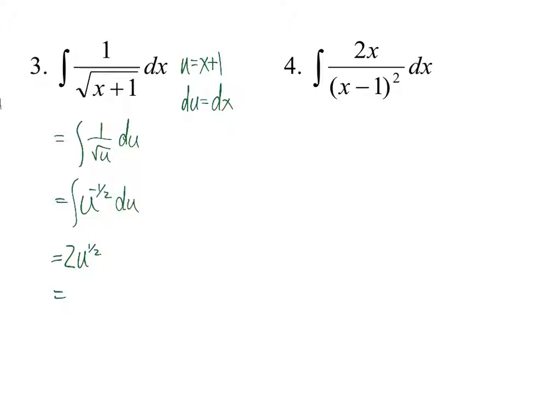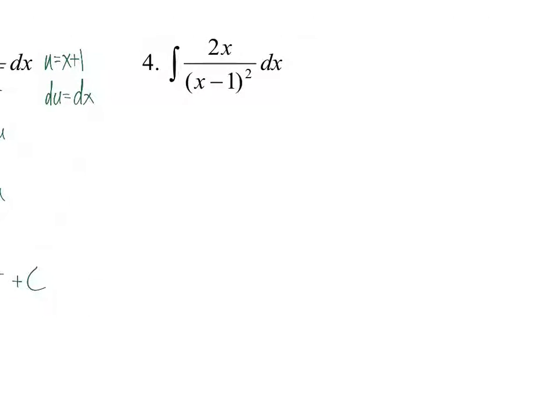I plug back in the x plus 1. It's 2 radical x plus 1 plus the c. Okay? So again, just because it's rational doesn't mean we're going to be using ln. We've got to think. Okay? But we do often end up using the u substitution somehow.